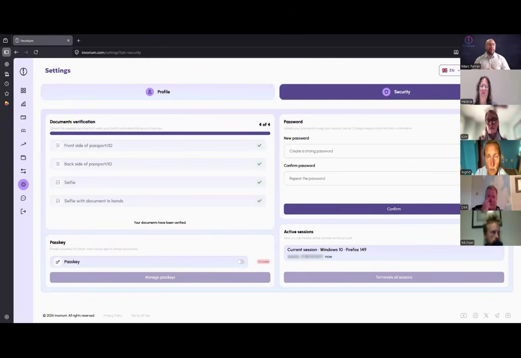When you see the status verified, it means that your account is fully legitimate and protected from attempts at identity substitution. We have implemented the passkey. What is this? Well, this is the security of a new generation.